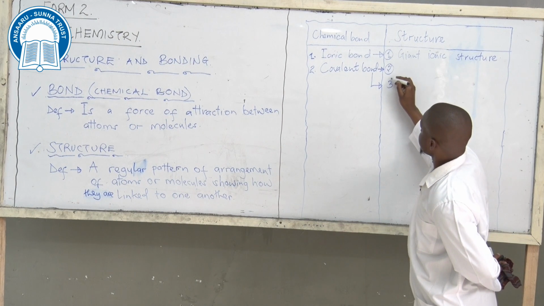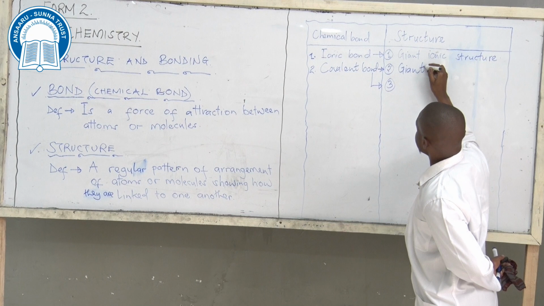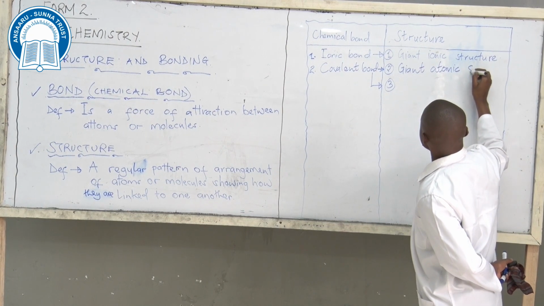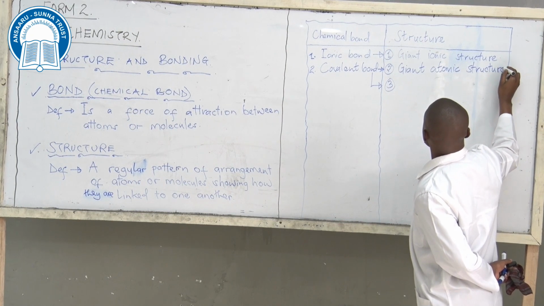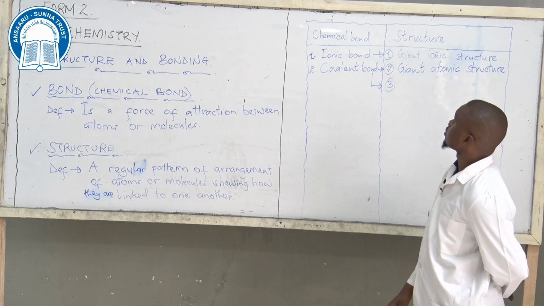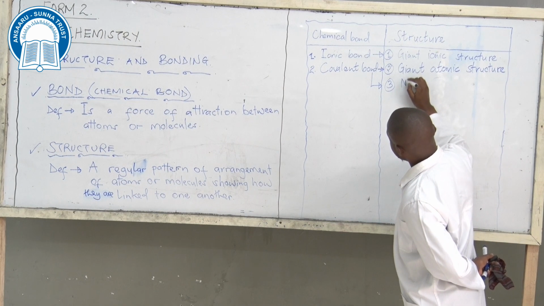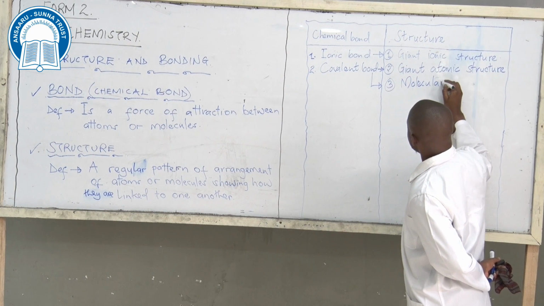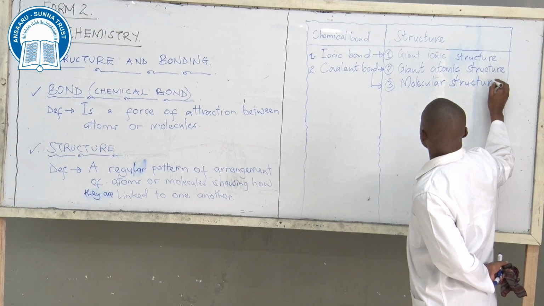The first structure is giant atomic structure. The second one is molecular structure.